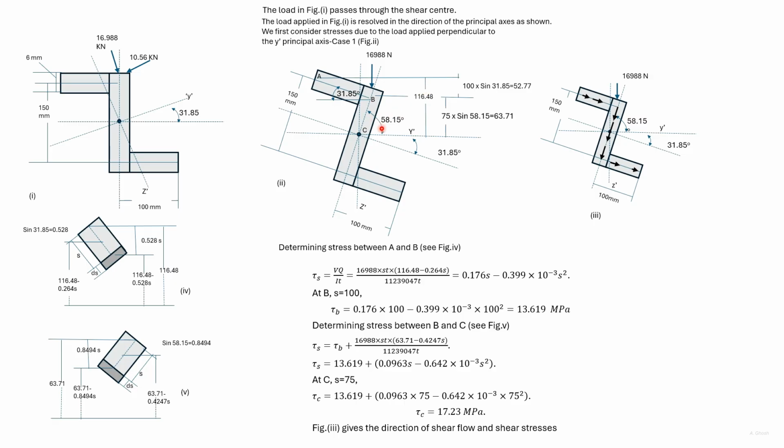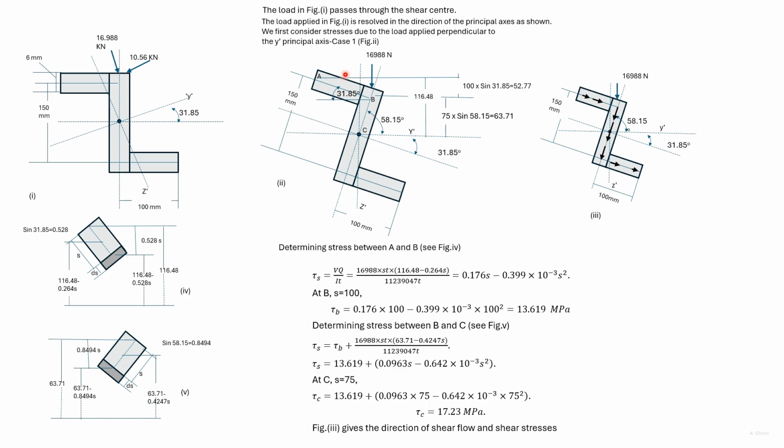This angle is 58.15. So the vertical distance between B to C is 75 into sine 58.15. And the vertical distance from A to B is 100 into sine 31.85.